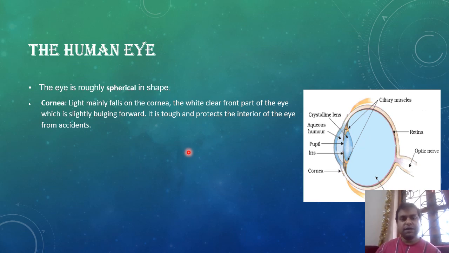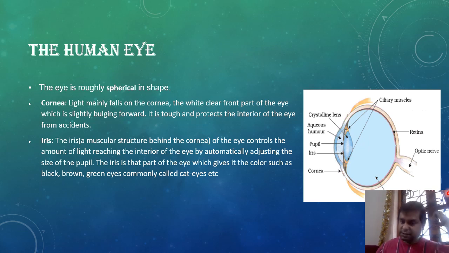So eyesight is very important, and to protect that, not in a great way, but yes, to a certain extent, the cornea helps in this. And you have to remember also that light first enters the eye, or it falls on the eye first, on the cornea. So it's very, very important. It's the white clear part that you see in your eye.